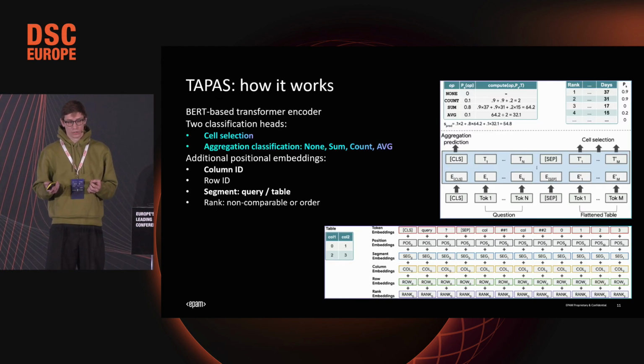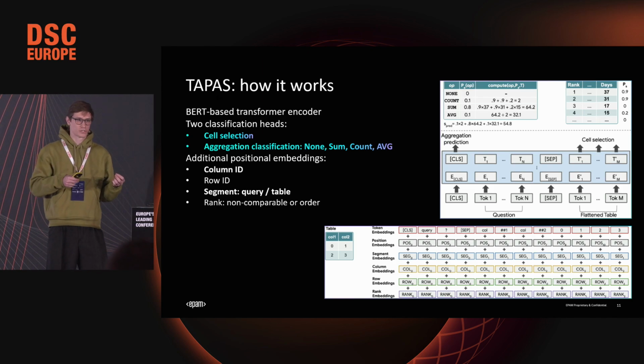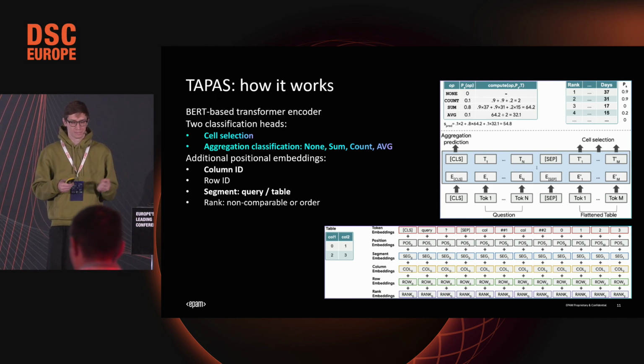So if we look closer at this model, it's a transformer. It's a BERT-based model, so it's transformer encoder, but with two classification heads, which means it can, again, classify cells as answers and classify operations like averaging, summation, production, or counting the rows.